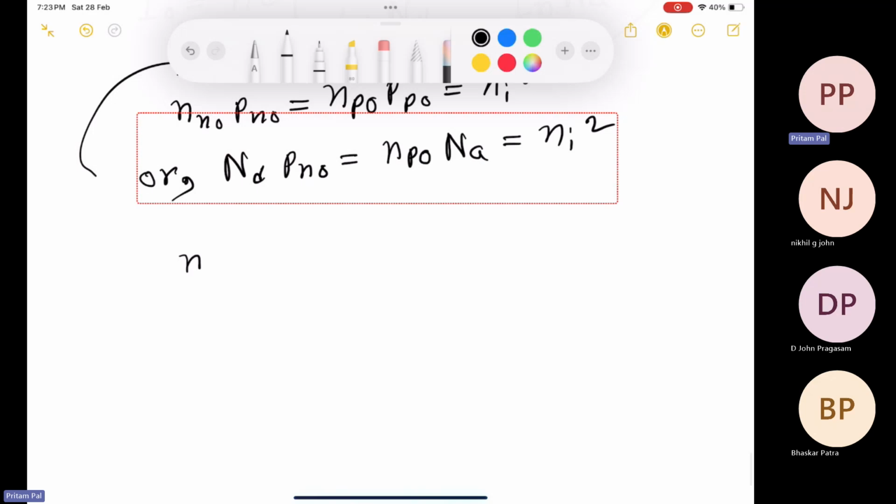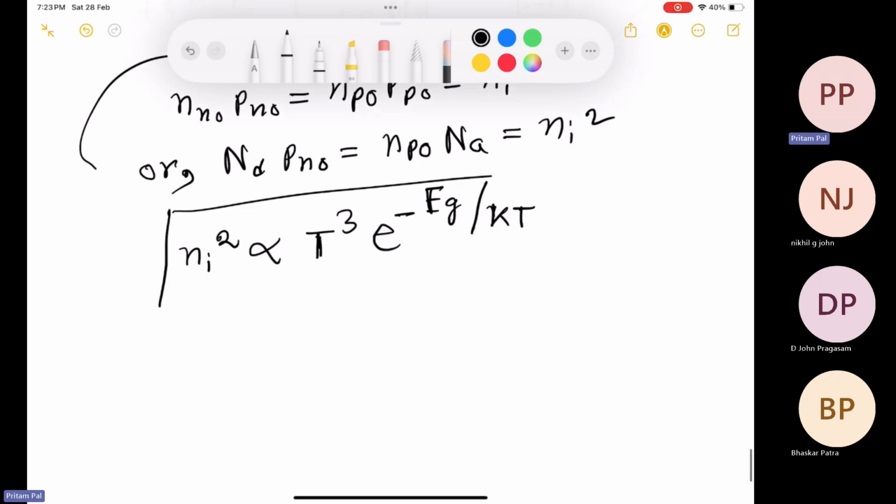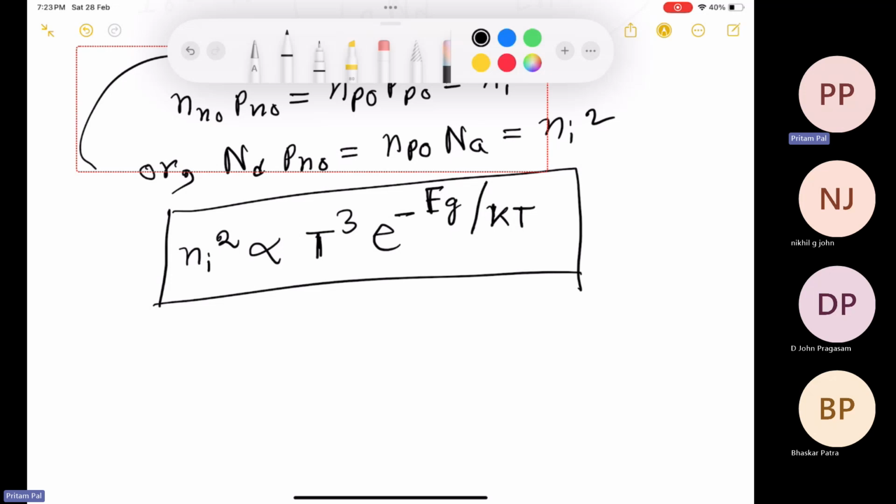Now n_i squared, from the Arrhenius equation, we have already done this in the earlier classes. It's in terms of the band gap of the semiconductor, which is T cubed times e to the power minus Eg by kT.